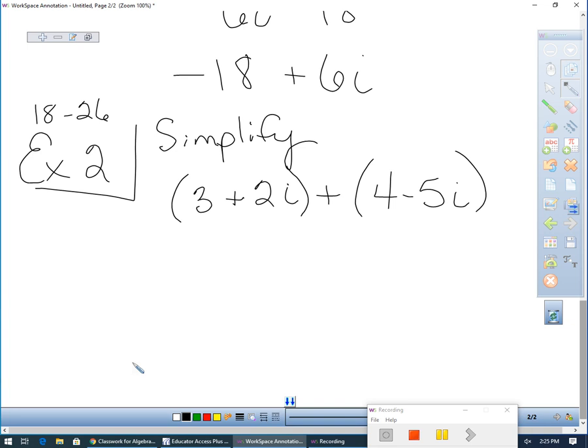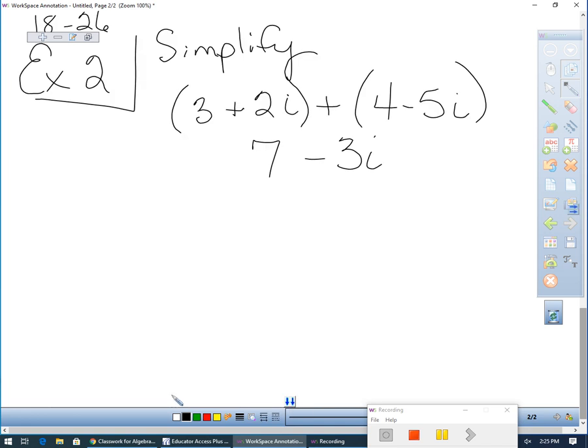What do we do? What do we do, Megan? Yeah, just combine like terms because it's got a plus in the middle, right? So, 3 plus 4 is 7. 2i and negative 5i is negative 3i.